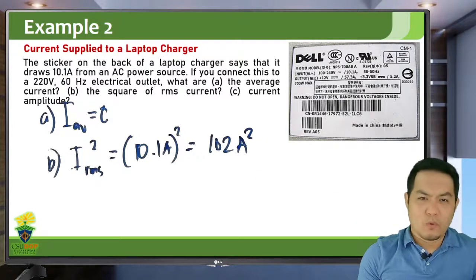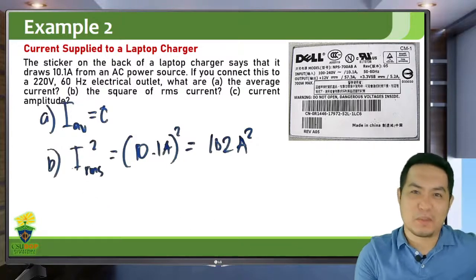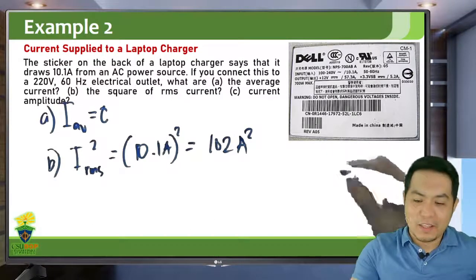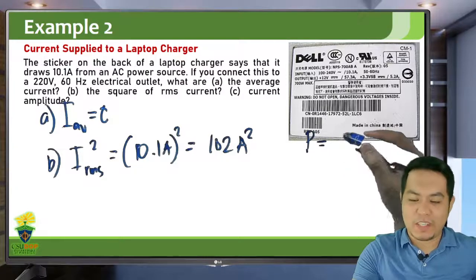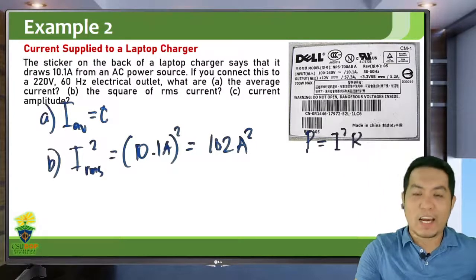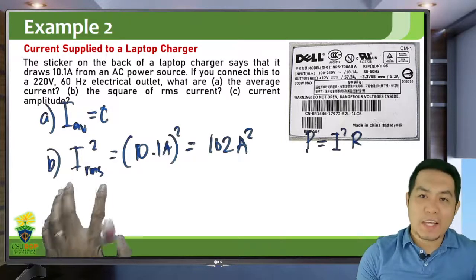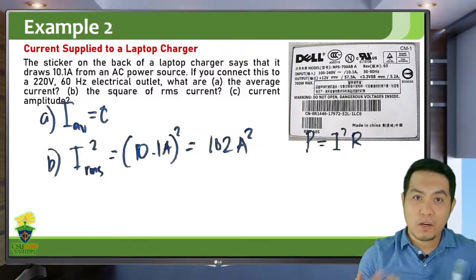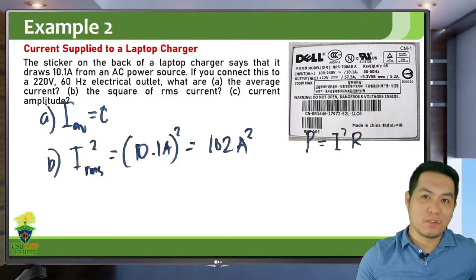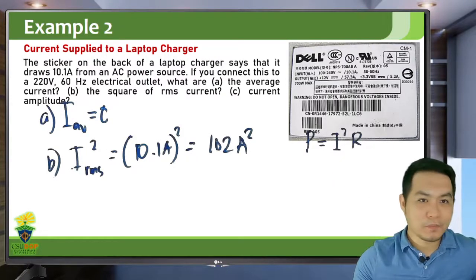Why do we bother solving IRMS squared? Take note that the power loss in a resistive element depends on I squared times R. So knowing I squared, we can have an idea of how much power it is consuming. Of course, given the resistance, we can solve for the actual power.